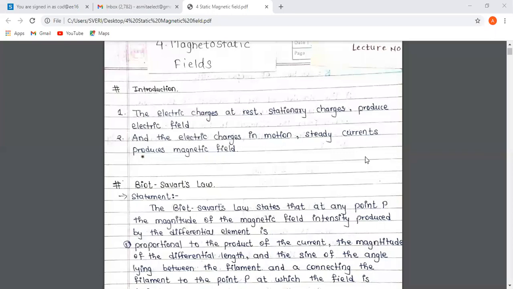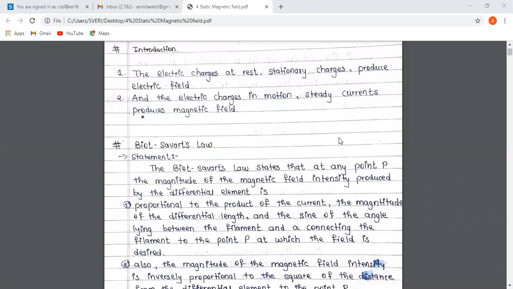Today we will start the revision of our fourth chapter from the second section, that is static magnetic fields. We have seen the static electric field and also the static magnetic field. So, what is meant by the static electric field? In it, we are considering the charges which are placed at rest.